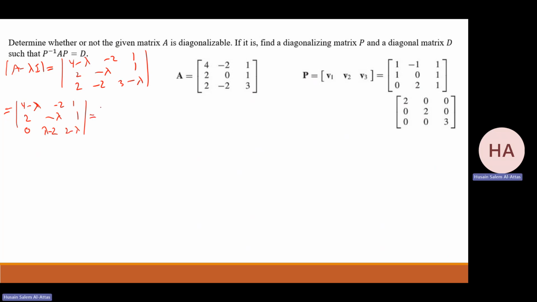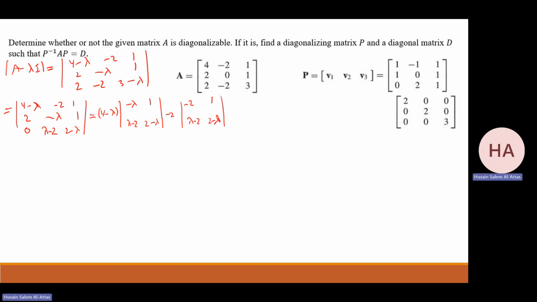So the expansion along the first column: I have 4 minus lambda times what? Minus lambda, 1, lambda minus 2, 2 minus lambda, minus 2 times what? Cancel this with this. I have minus 2, 1, lambda minus 2, 2 minus lambda.